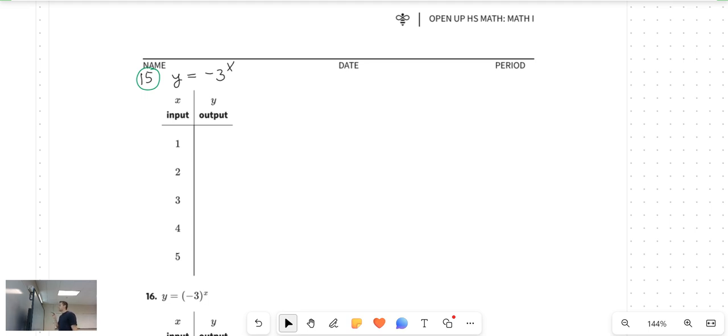Now, why would it be that? Because the negative sign is seen as multiplication, but the exponent happens first, right? Our order of operations says we do parentheses first, no parentheses, then we do exponents. So 3 to the x actually happens first, and then whatever 3 to the x is, we make it negative, right? We multiply it by the -1.